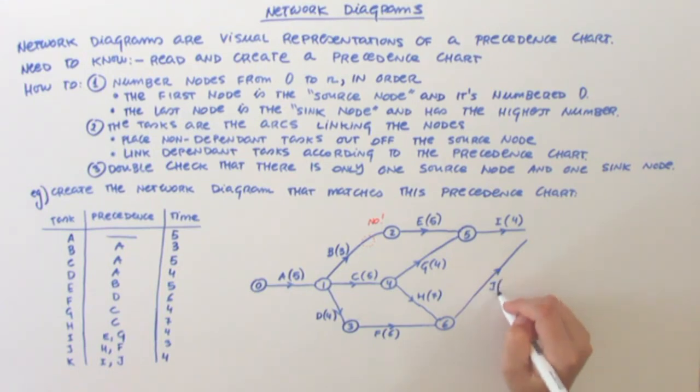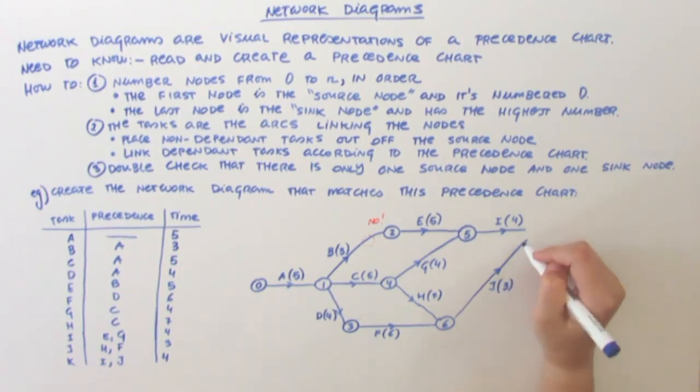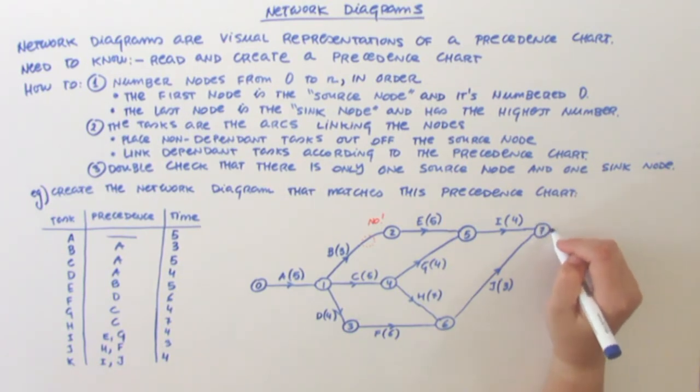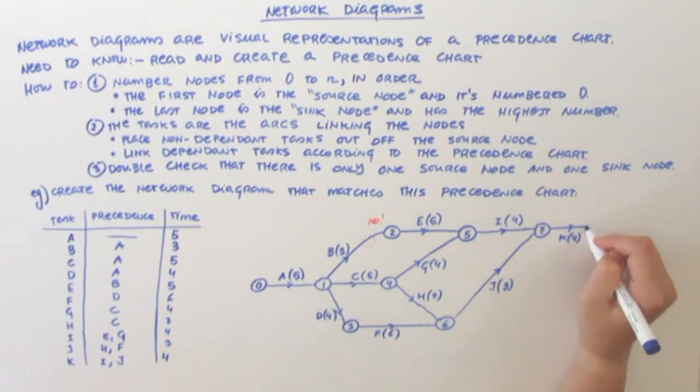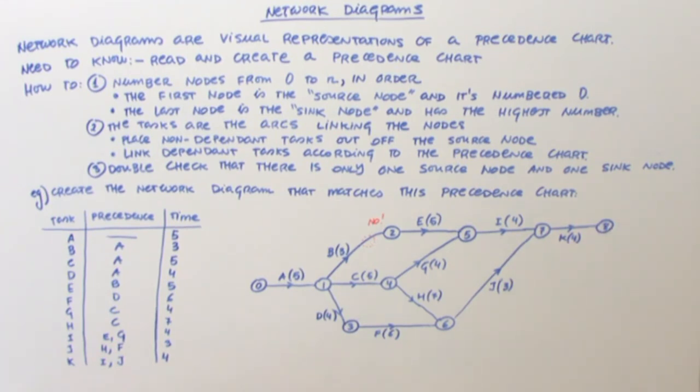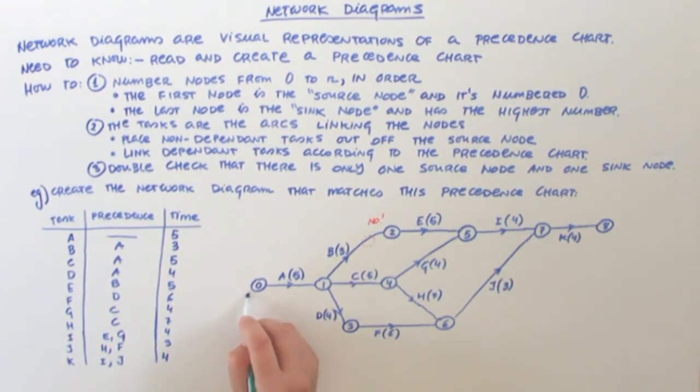And at the end, there is a task K that depends on I and G, so more of the same. This is the last task, so I cap it with a node, and that is number 8. So then I double check. I only see one source node with tasks exiting but not entering, and that represents the project starting.